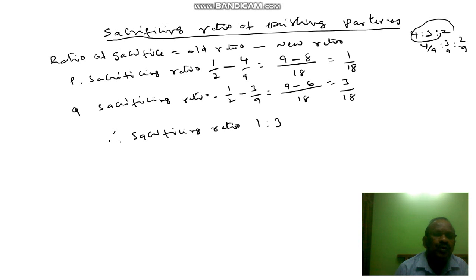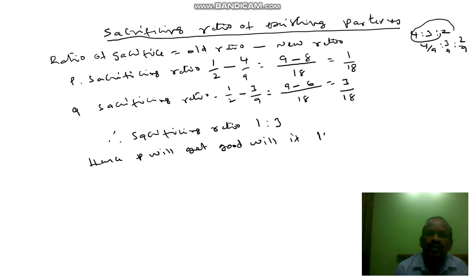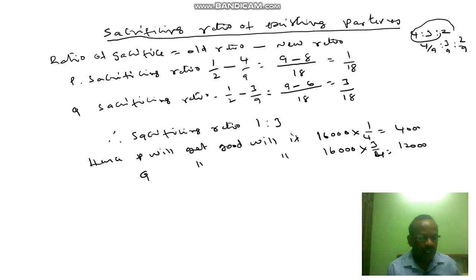Hence P will get goodwill of 16,000 into 1 by 4, which is equal to 4,000. Like that, Q will get goodwill of 16,000 into 3 by 4, which is equal to 12,000. So according to the sacrificing ratio they will get the goodwill.